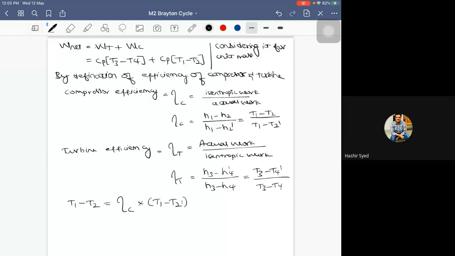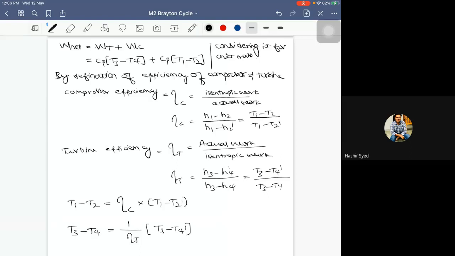Similarly for the turbine, T3 minus of T4 is equal to 1 divided by efficiency of the turbine into T3 minus of T4 dash.